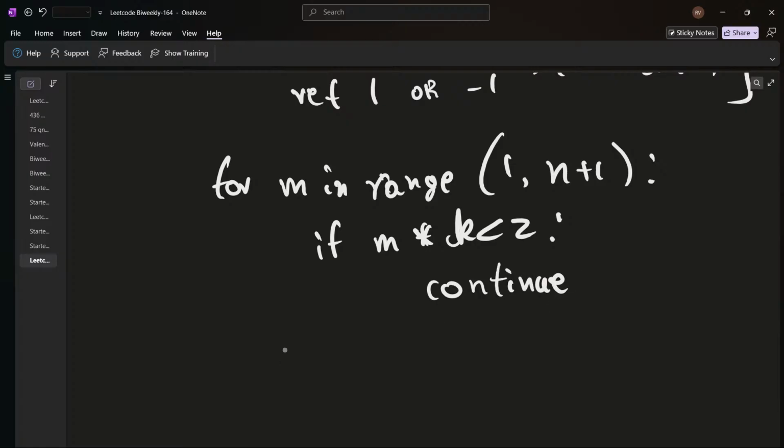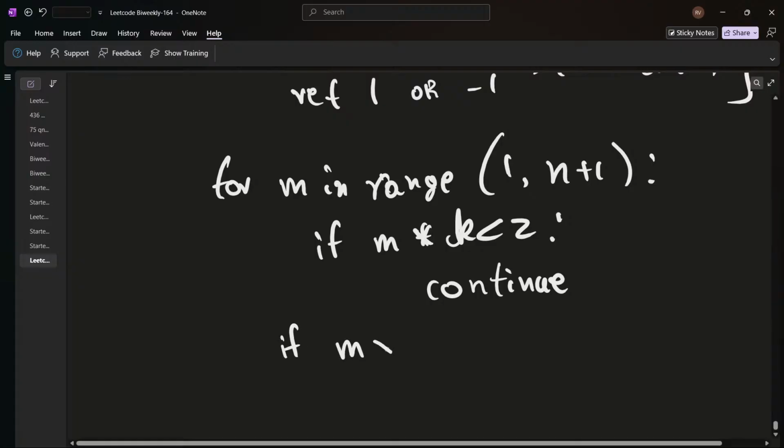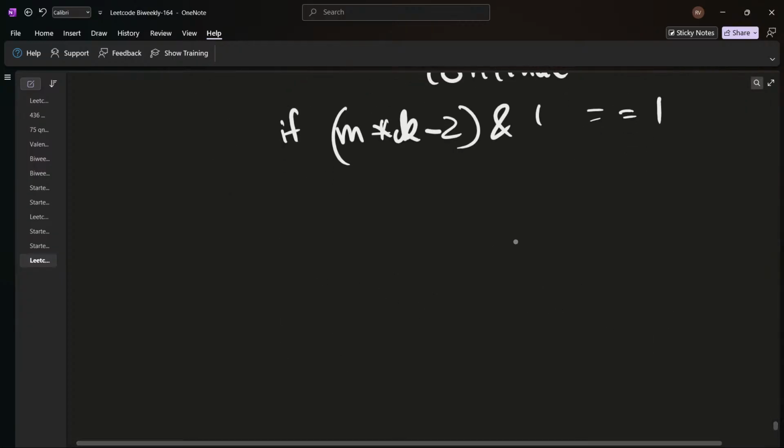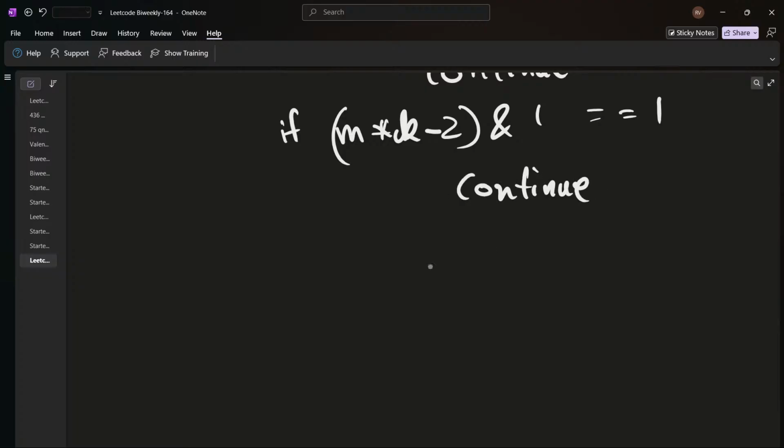Now I'll put my first formula. If m into k minus z mod 2 is equal to 1, I'll continue again. Now the third and final condition, if m divided by 2 is equal to 2.